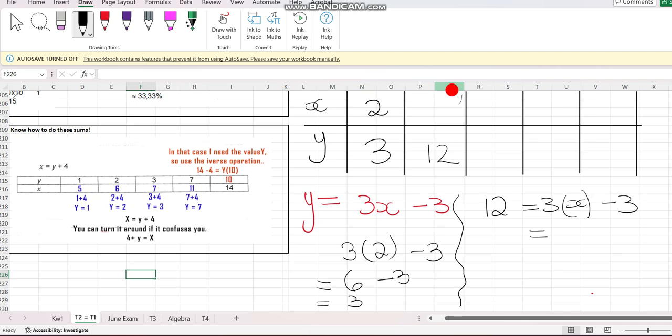What you would like to do is get x on its own. So you're going to throw these over, right, until x is on its own. When you throw an amount over to the other side, it's going to change. It's going to be the opposite.